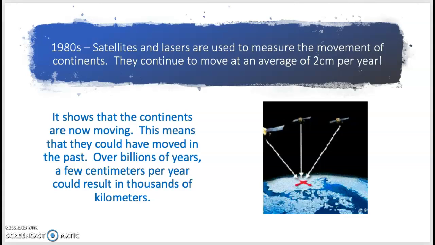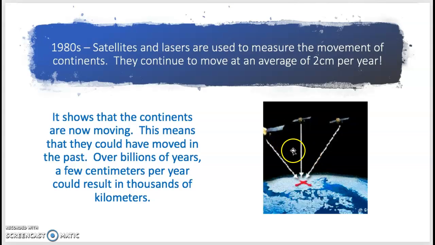If you've ever used the map function in your phone or in your car, if your parents have a navigation system, that device sends a signal to the tower, and the tower sends a signal to one of these satellites up in space. And that satellite communicates where you are, how fast you're moving, and how long it's going to take you to get to certain places if you go certain speeds. That is all done by satellites and lasers.